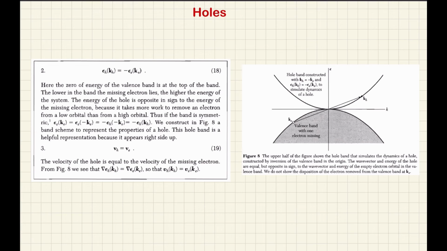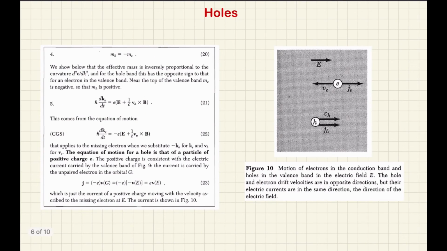So this is like a reflected form. A hole in the valence band with Ke is equivalent to an electron in the conduction band with the wave number kh.